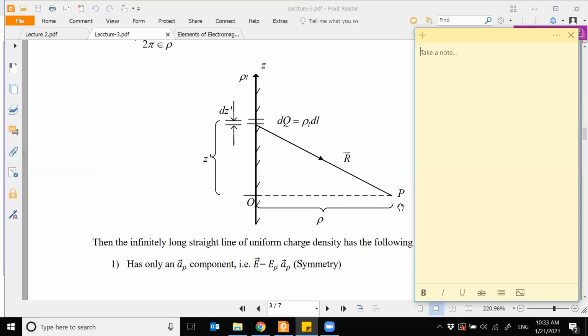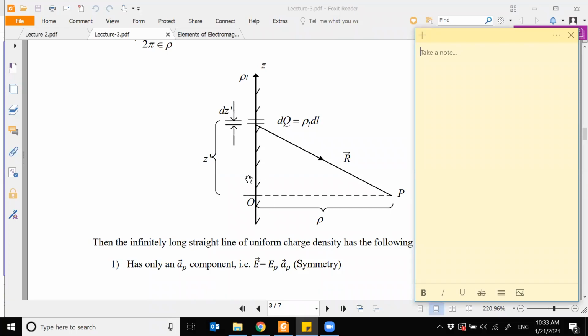Now, to do this, because we need to do it mathematically, we need to define some terms: the elemental length and the position of the elemental length from the origin. This is required for us to do the integrations. So this is the small elemental length that I'm choosing. Now, instead of dl, I'm calling it dz dash.